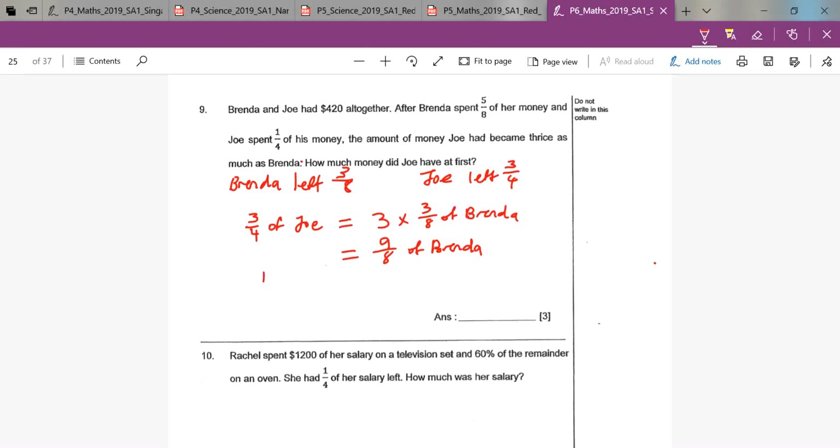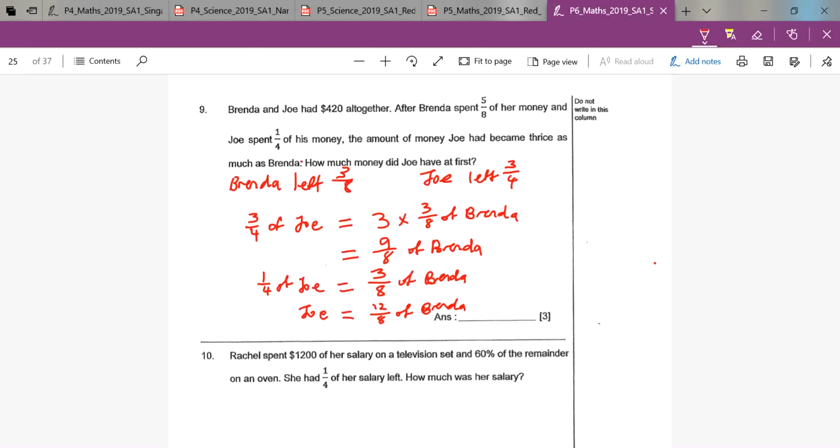Okay, so if it's 1/4 of Joe, I divide by 3 throughout. It's gonna be 3 out of 8 of Brenda. So one whole of Joe, you times 4, is 12 out of 8 of Brenda. And Brenda is 8 out of 8 of Brenda, right? It's one whole of Brenda.